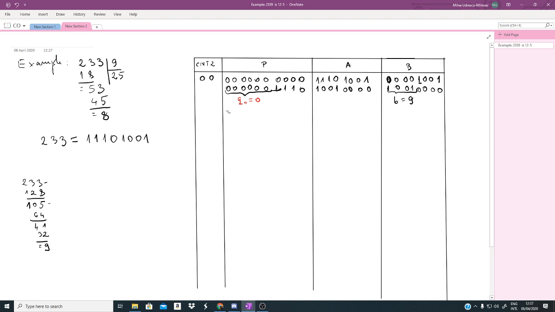So I'll have here 0, 0, 0, 0, 1, 1, 1, right? 0, 1, 0, 0, 1, 0, 0, 0, 0, and now, because of this 0, I'll have 0, 0 upstairs, 0, 0 downstairs, just because of this guy.